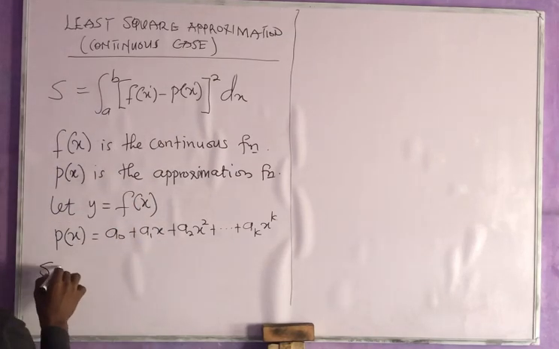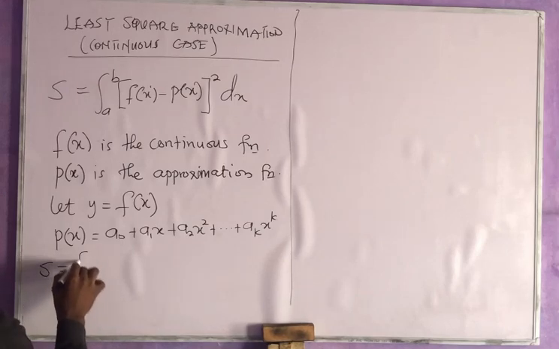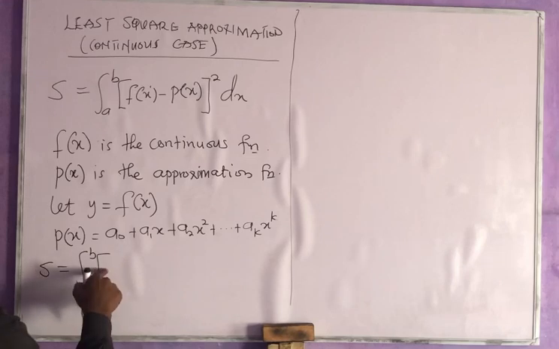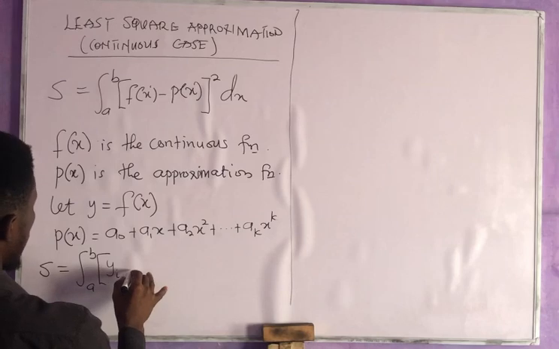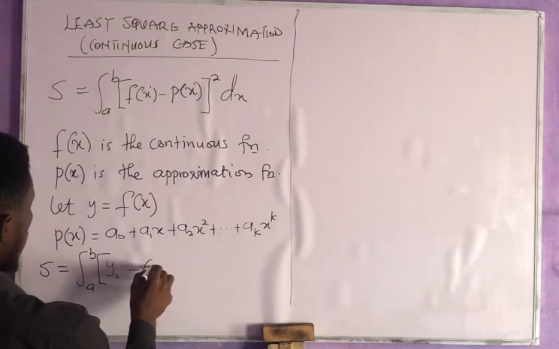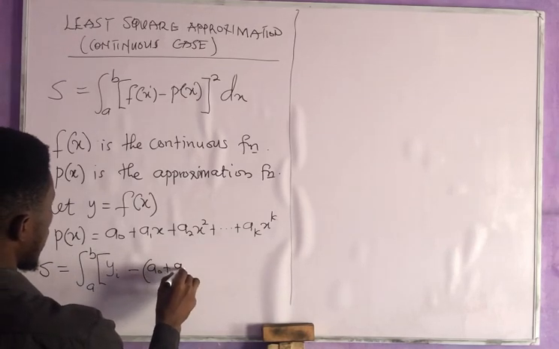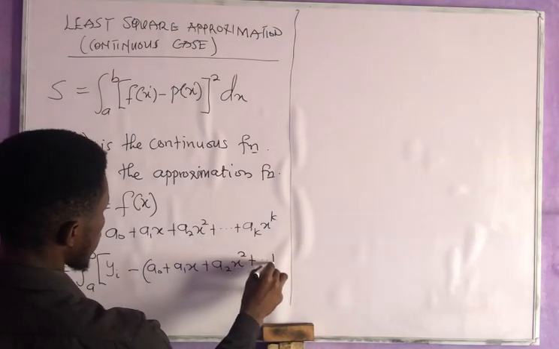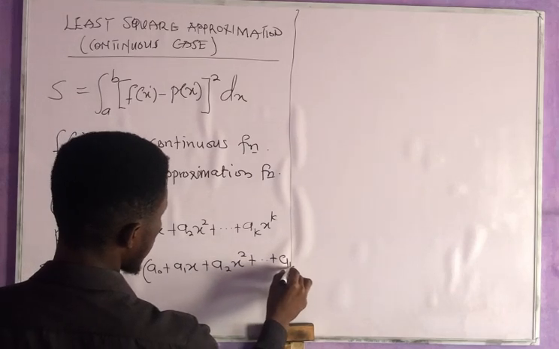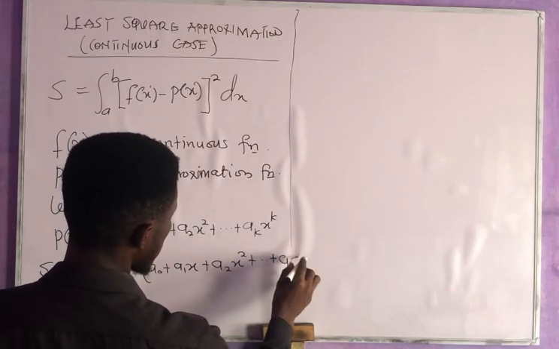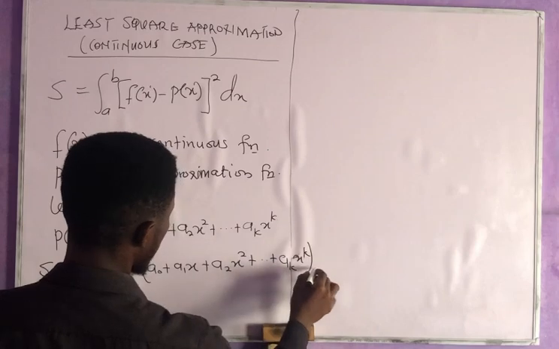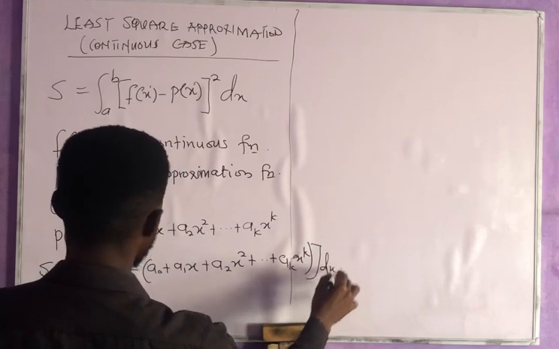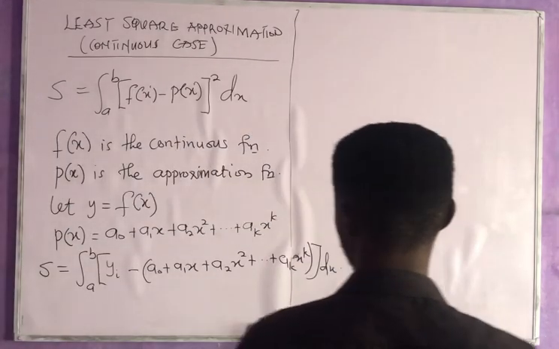So it means I have S equals the integral from a to b of my f of x, which is now y, minus p of x, which is now a0 plus a1x plus a2x squared plus a_k x^k, dx.